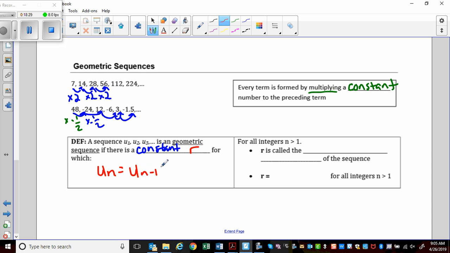For all integers n greater than 1, r is called the common ratio instead of the common difference. r equals the second term divided by the first term.